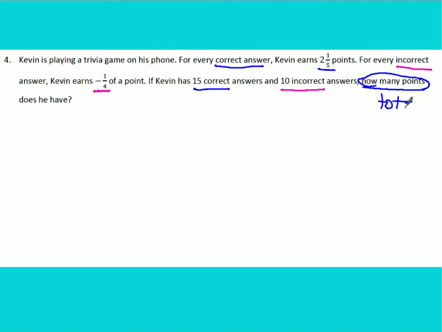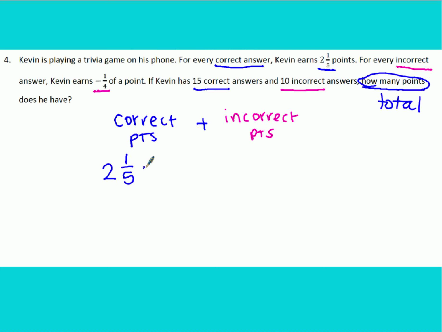So remember, total means we need to add. So we're going to add up all of his correct points plus all of his incorrect points. So it's going to be 2 different steps that we have to solve here. In order to solve his correct points, for every correct answer he gets 2 1/5 points, and we're going to multiply that by the number of times he got a correct answer.